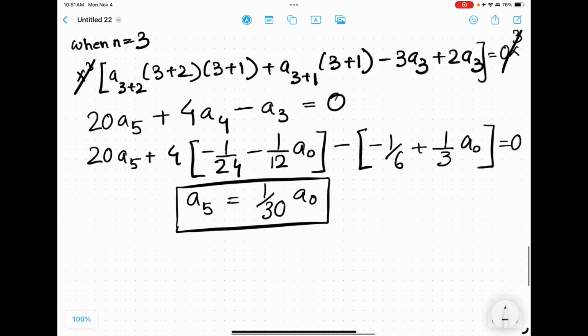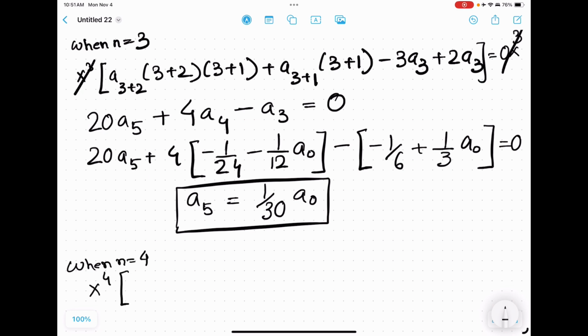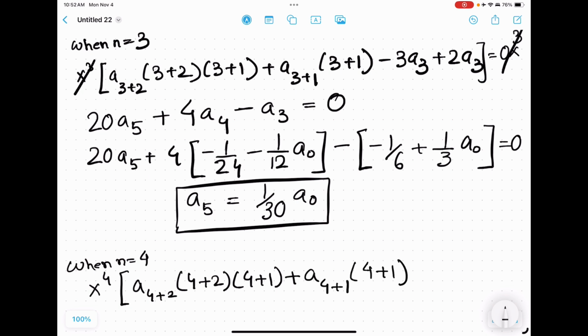All right, and then I have n equal to 4. So I have x to the 4 times a sub 4 plus 2 times 4 plus 2 times 4 plus 1 plus a sub 4 plus 1 times 4 plus 1 minus 4a sub 4 plus 2a sub 4.